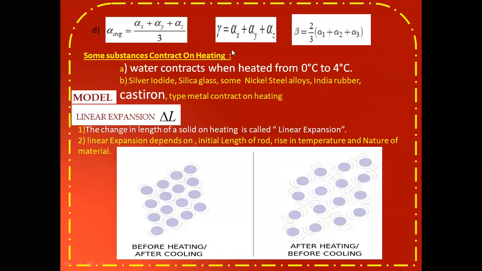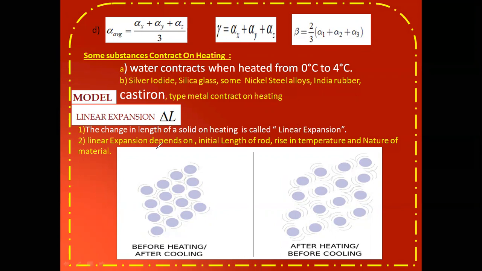For crystalline solids, the average value of alpha is alpha x plus alpha y plus alpha z upon 3, whereas gamma is equal to alpha x plus alpha y plus alpha z, and beta is equal to 2 by 3 into alpha 1 plus alpha 2 plus alpha 3.